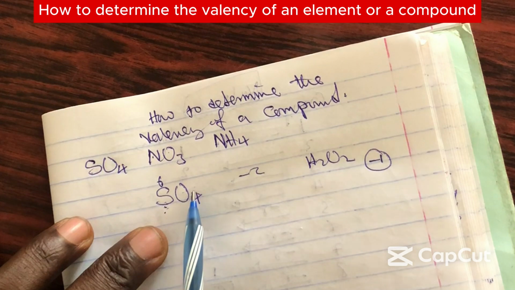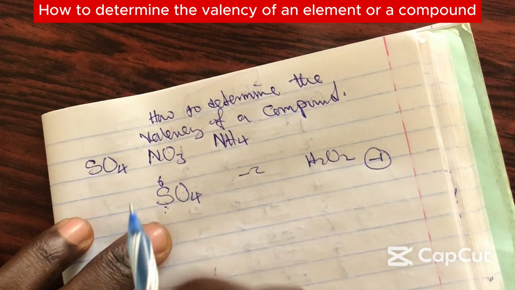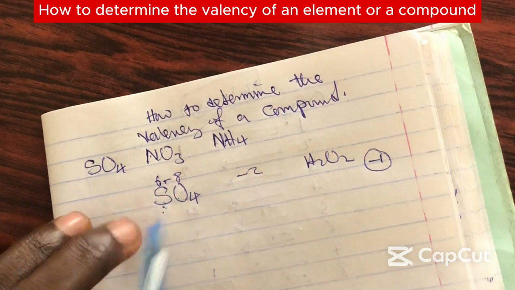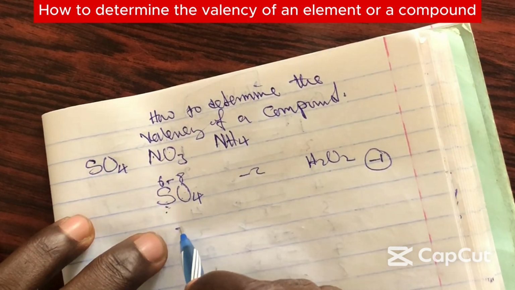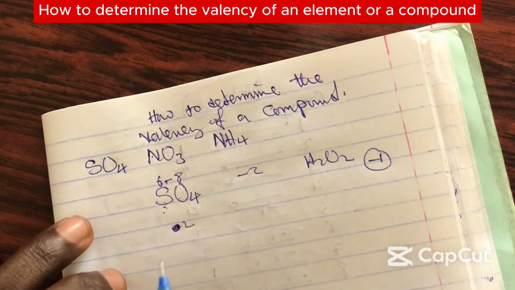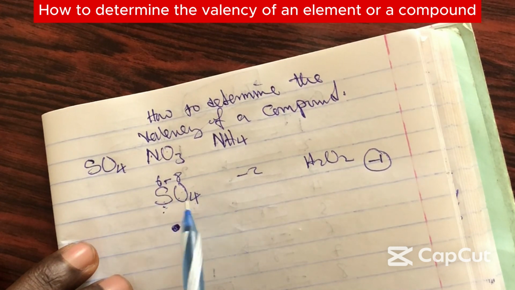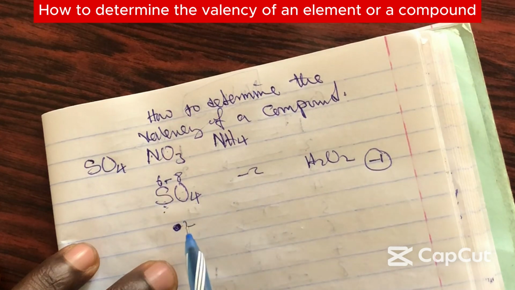Minus 2 times the subscript, which is 4, we have minus 8. Now we combine these 2. 6 minus 8 gives minus 2, but we don't need the negative. So the valency of this compound, tetraoxosulfate 6, is 2.